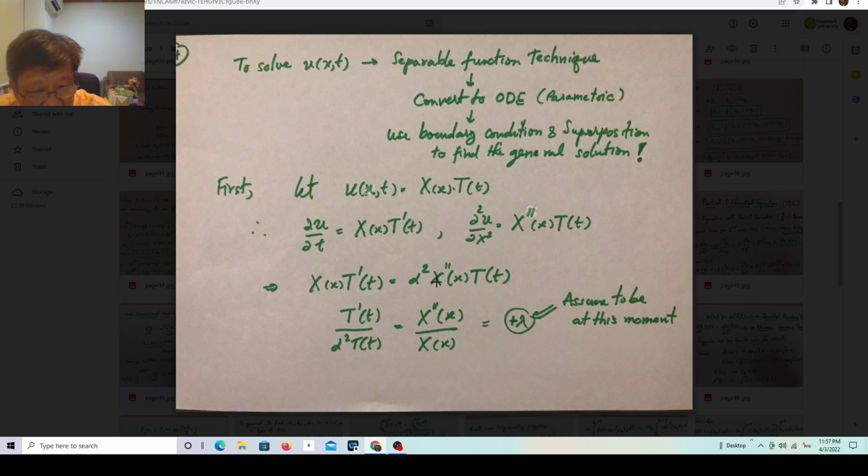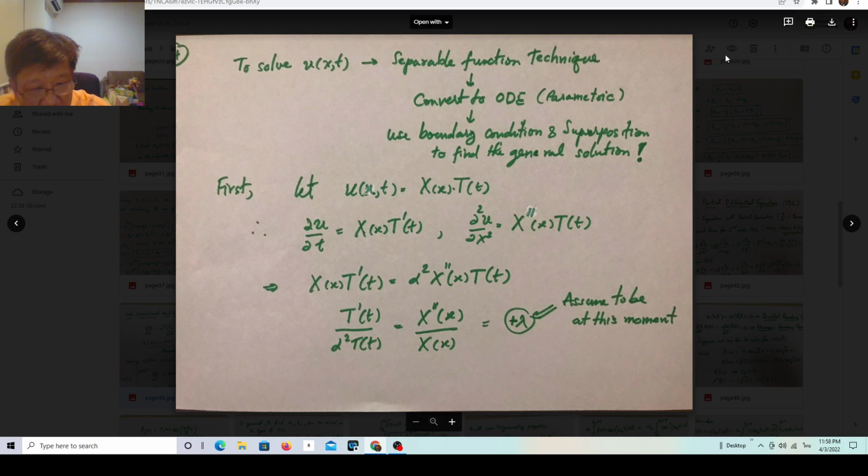Then you move this term: if I divide by alpha squared and capital T, you multiply both sides by alpha squared and T, and this alpha squared cancels, and the division on the left-hand side becomes T prime divided by alpha squared T. This function T.